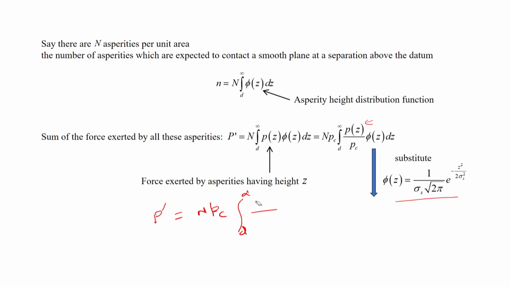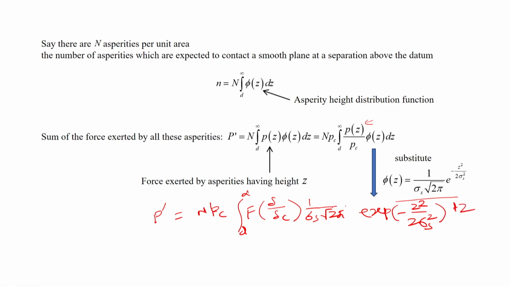So, I will write it in terms of this function, and this was delta by delta c, and why I changed it, that will also be clear in a minute. And here let us say this is sigma s, this is square root of 2 pi, and exponential minus z square by 2 sigma s square, and this is dz.